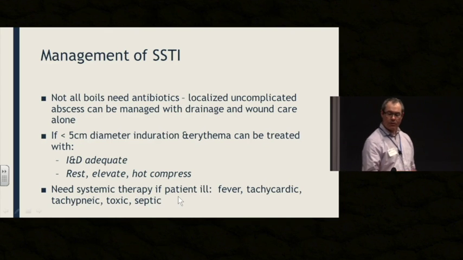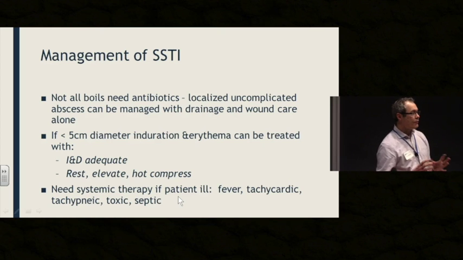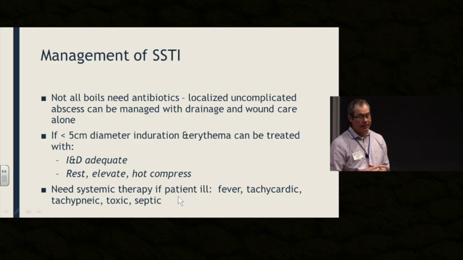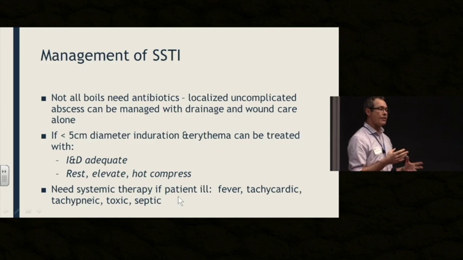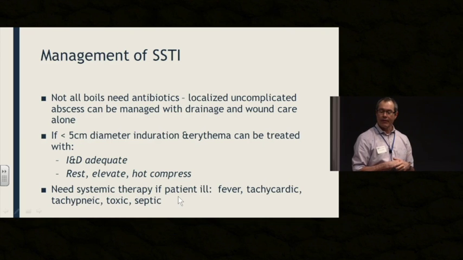One thing about patients who present with boils and furuncles and abscesses, they don't all need systemic antibiotics, and a localized uncomplicated abscess could be managed just with drainage alone and wound care. There were some interesting initial articles in the pediatric literature at the beginning of the MRSA epidemic that identified a 5-centimeter rule.